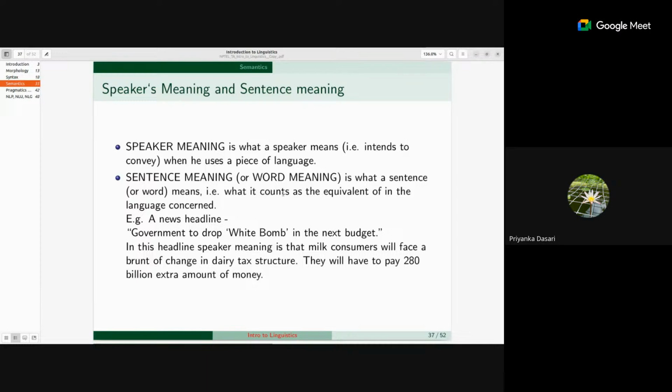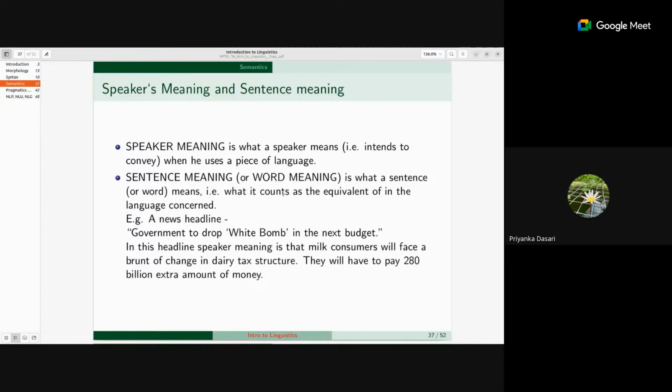So now let's take this example of a headline. The headline says that the government is to drop the white bomb in the next budget. In this headline, the speaker meaning is that milk consumers will face the brunt of a change in the dairy tax structure and so on, something related to milk consumers.